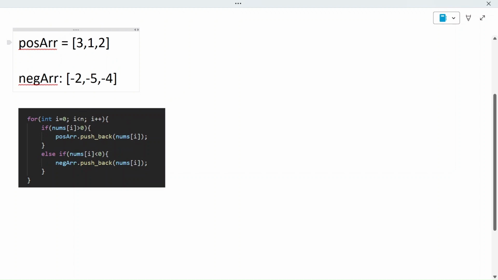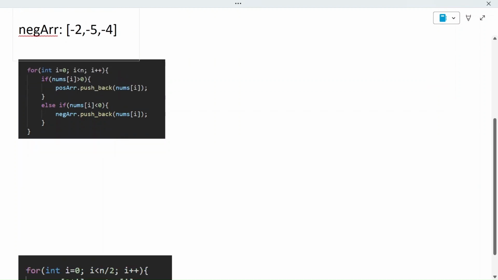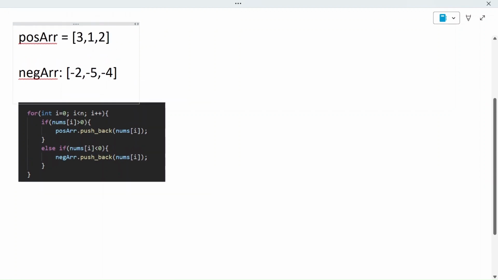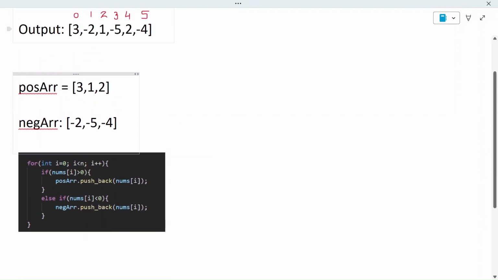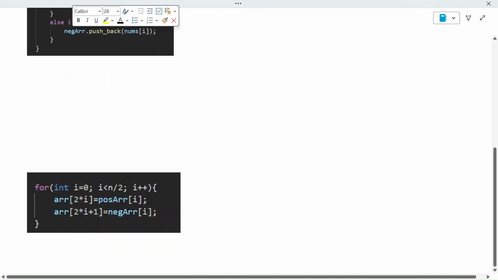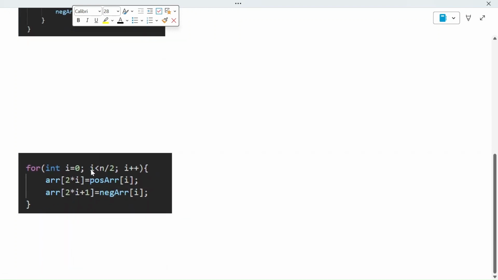We first separated the arrays, storing the positive integers in one array and negative integers in another array. Now we just need to merge these arrays, and we have seen that positive integers occur at even indexes and negative integers at odd indexes. So we have simply modified our array.